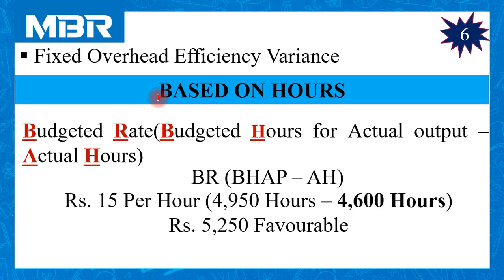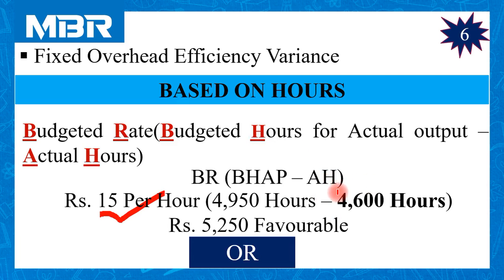Now we need to calculate these things very clearly. 15 rupees per hour, that is our budgeted rate. Budgeted hours for actual production, which we have calculated at the initial stage, 4,950 hours, minus actual hours 4,600. You can check over here, I have mentioned these 4,600 in bold letters.